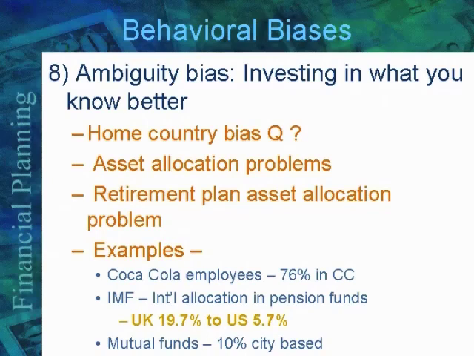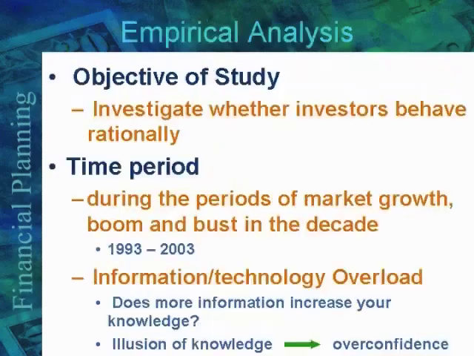Now, that's very strange, but the idea is, since these companies are in my city, I know them better than anyone else. Or if I'm in New York, I shouldn't buy LA company stocks because I don't know them. Now, that's ridiculous. But nonetheless, it exists. We like to invest in things we know about, and we dislike those we don't know about. And it shows up in our behavior.